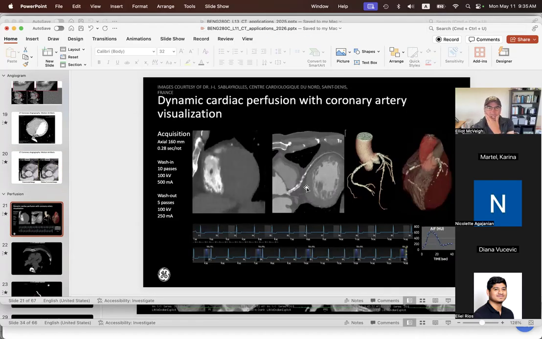Another thing we can do with CT, and we'll take a look at a few examples of this, is perfusion. So we inject a contrast agent, and you can see that the left ventricle is bright because the blood is absorbing a lot of photons. This contrast agent has been injected.